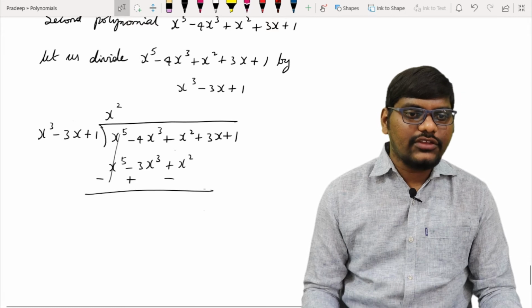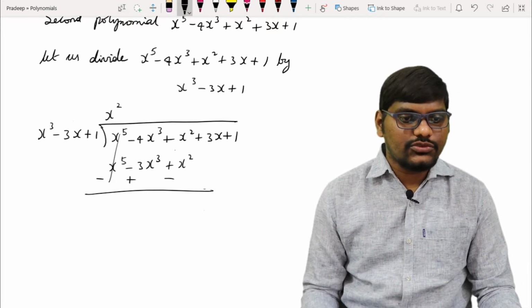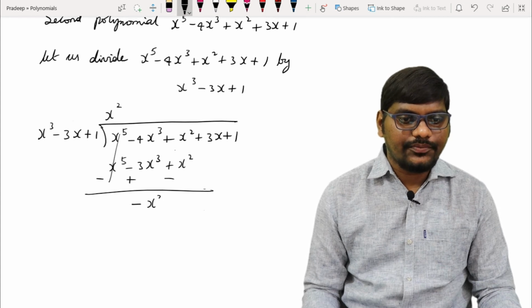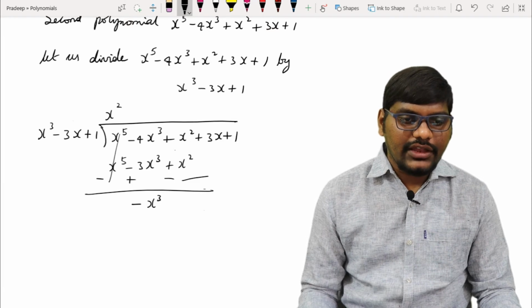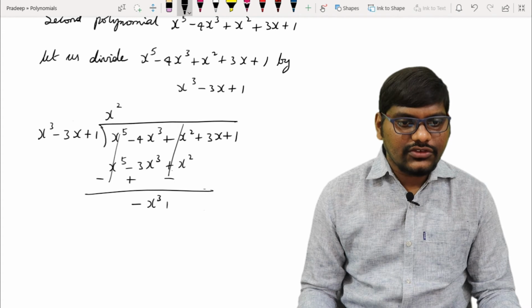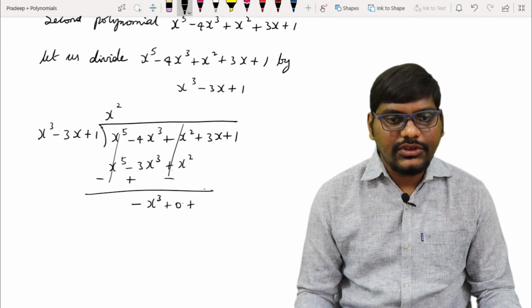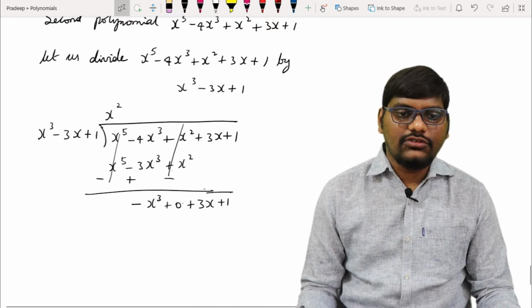So these both get cancelled. Minus 4x cube plus 3x cube, we'll remain with minus x cube. And plus x square and minus x square both get cancelled. So we can just write this as 0.